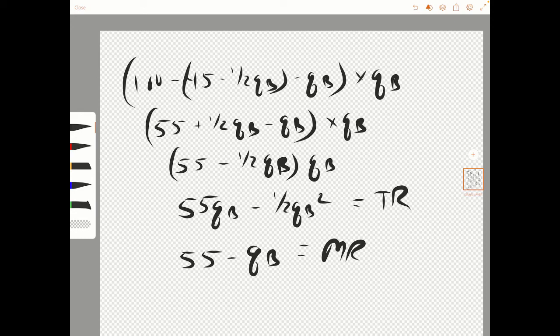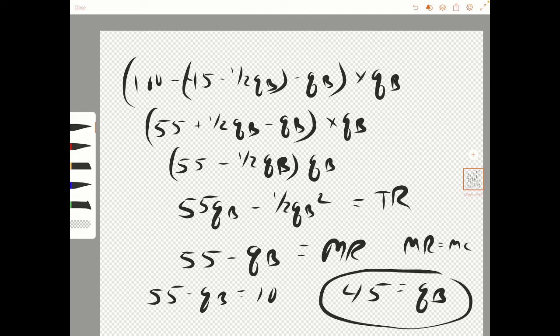Now we set marginal revenue equal to marginal cost to solve for QB. So we have 55 minus QB equals 10, which means that QB is equal to 45. So this is the leader's output.